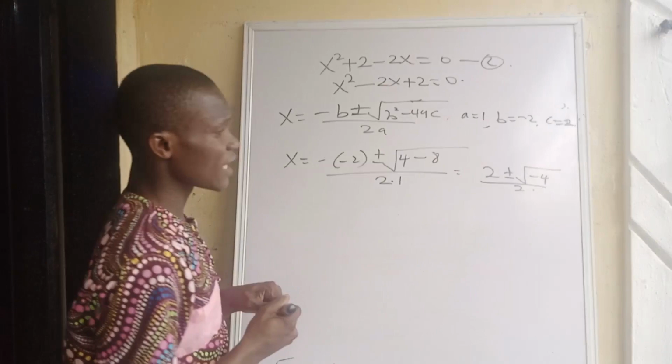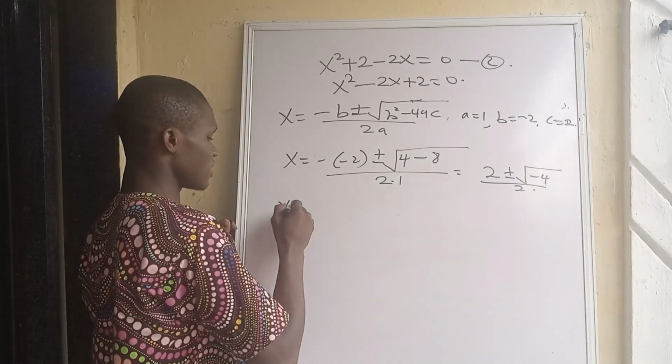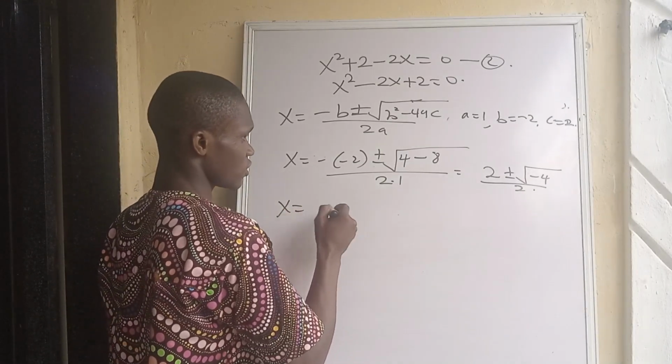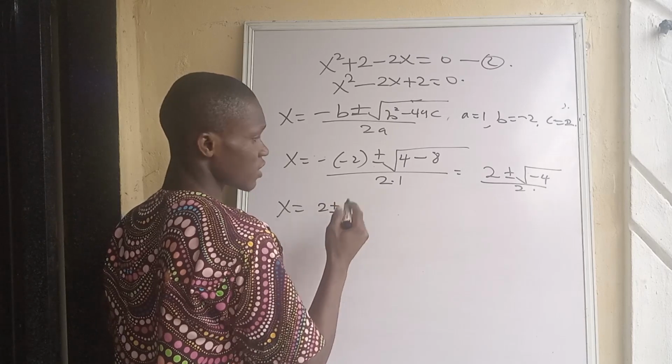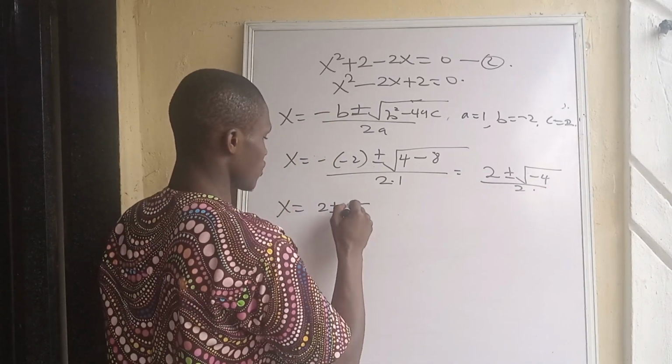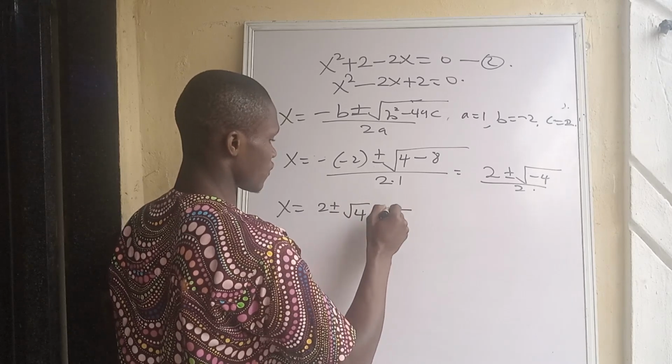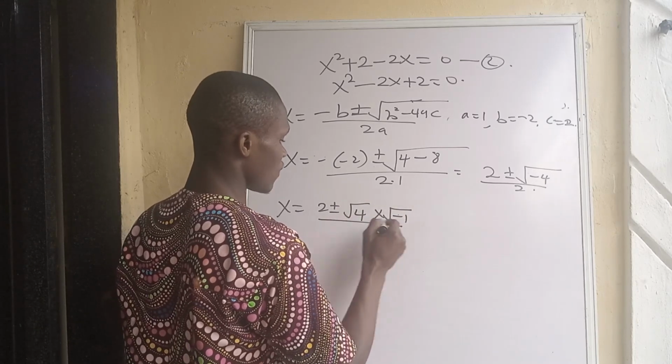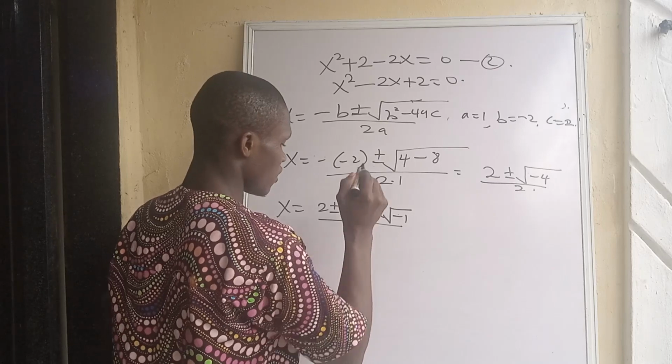Having done this, our x is equal to 2 plus or minus the square root of 4 times the square root of minus 1, all over 2.